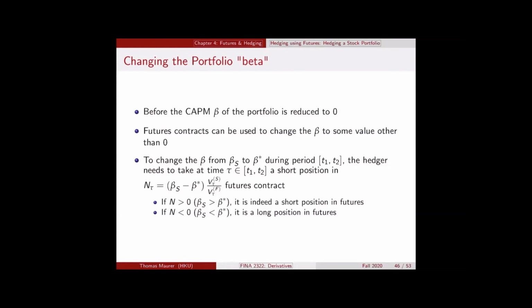Now, in contrast, if we actually want to get even more market exposure, so we want to increase beta even further than what we had already, then our number over here will actually be negative, because beta star is now larger than beta s, and taking a negative number of short positions is really the same as just taking the absolute value, so a positive number of long positions in the futures.